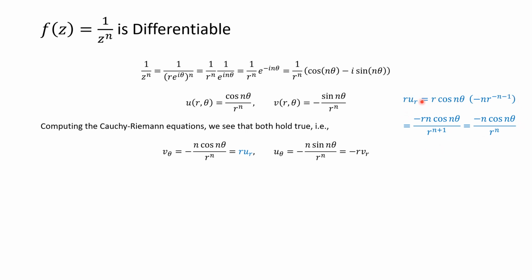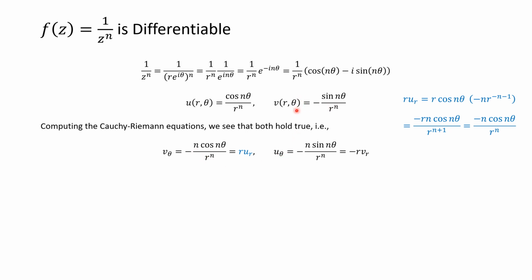You have r times the derivative. Basically, when you're taking the partial with respect to r, you treat theta as a constant, so that just comes out. Then you have the derivative of r to the minus n. This expression here. You bring r to the minus n minus 1 to the denominator. Then you cancel the r with the 1 here, and you get the same expression as we have here.